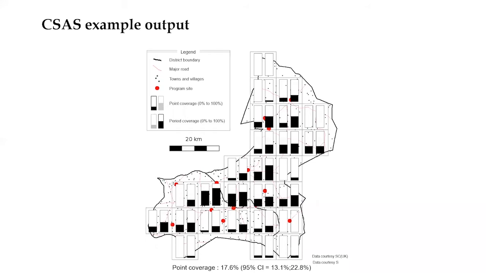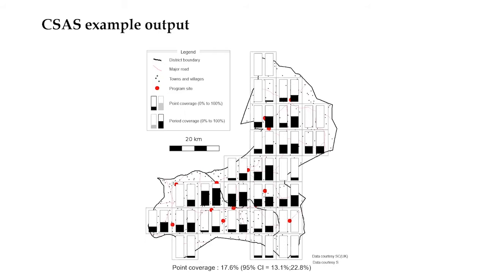We can see here that this simple method has provided us a map of point coverage and period coverage. Period coverage includes coverage of cases that have been malnourished but are no longer malnourished but are not likely to be discharged from a program. And point coverage is the coverage of children who are currently severely malnourished.